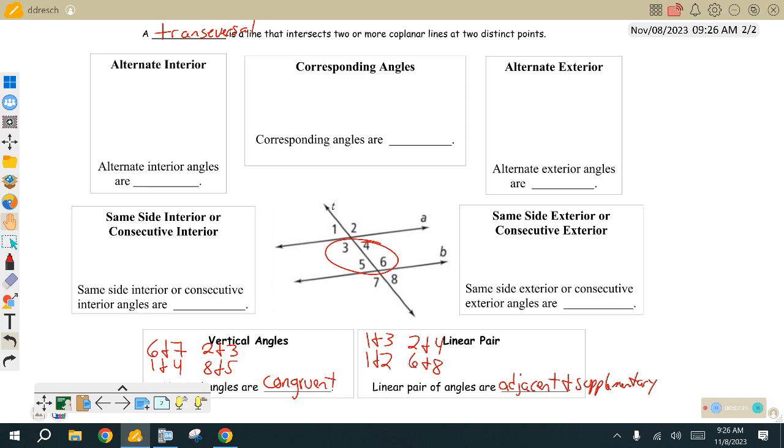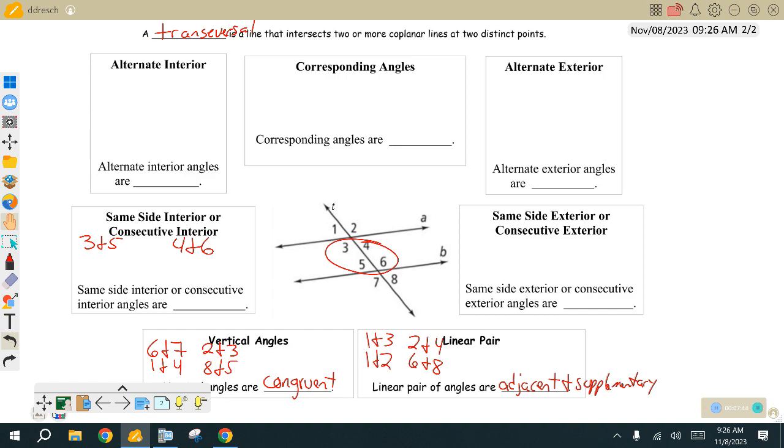What would be considered then a pair of same side interiors? 3 and 5. There you go. 3 and 5 is a pair together, and then the other pair is 4 and 6. That's my only options there. There are no other ones, 3 and 5 or 4 and 6.